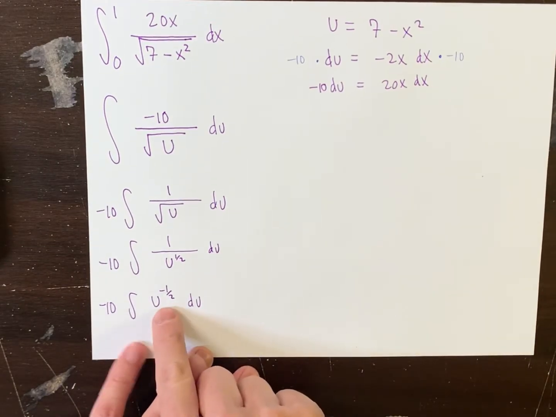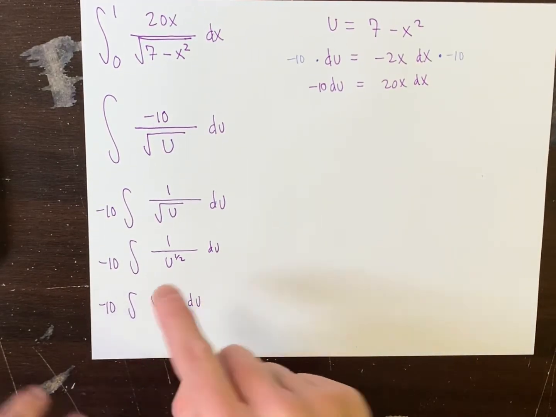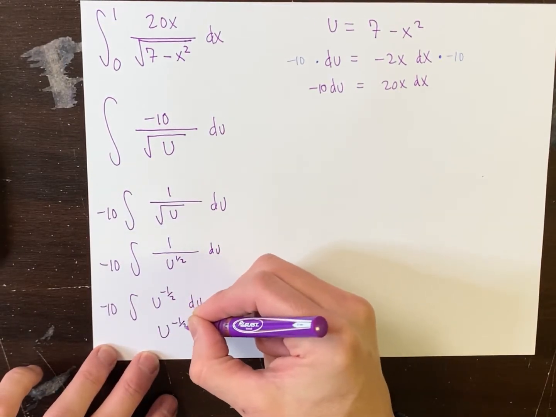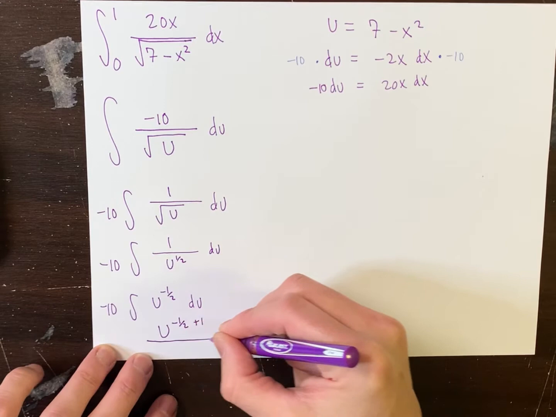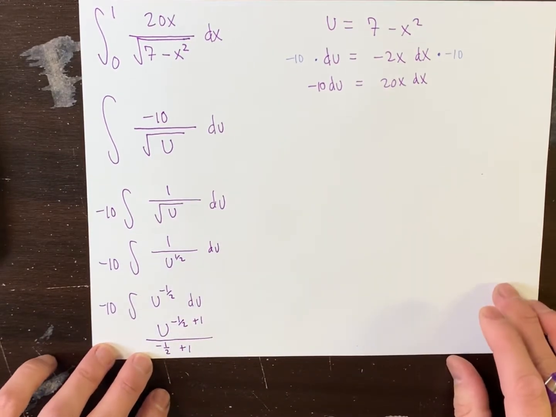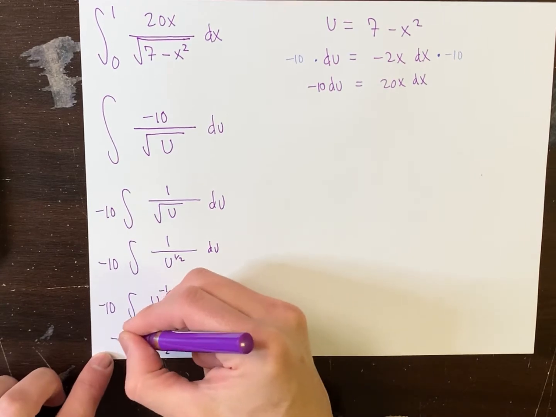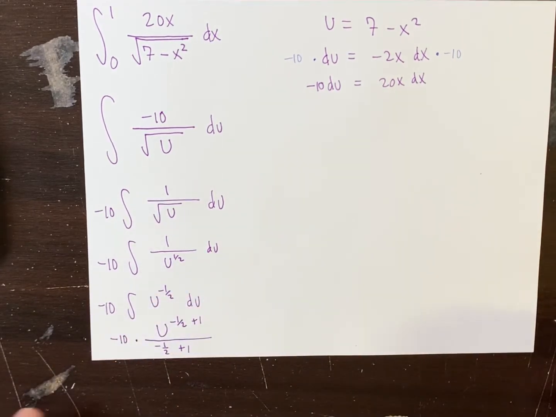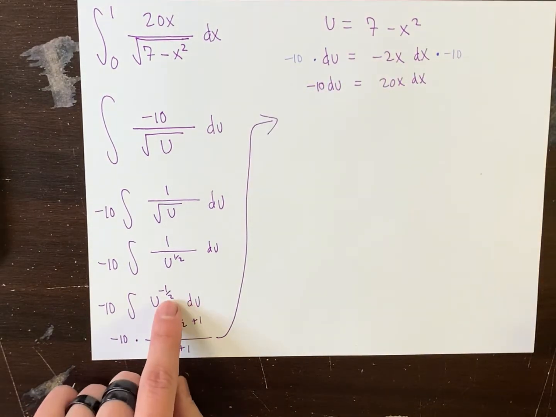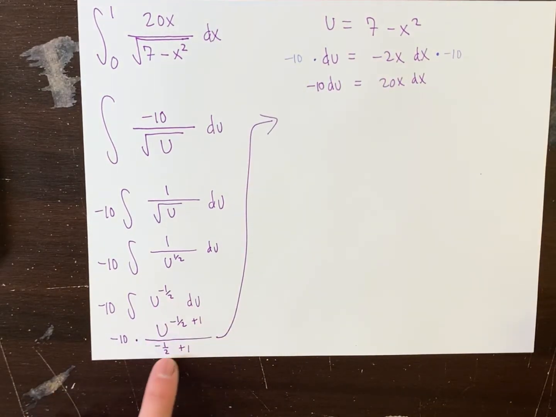What is the antiderivative of u to the negative 1/2? That would be u to the negative 1/2 plus 1, divided by negative 1/2 plus 1. And we'll keep the negative 10 in the front. Remember that? Because you have to add 1 to this, and then you divide by that new power.